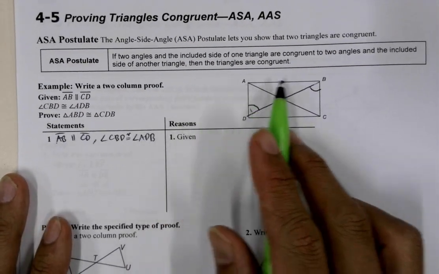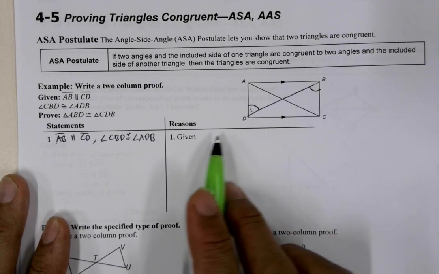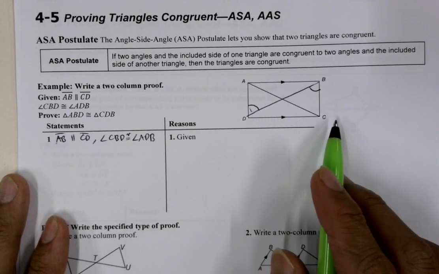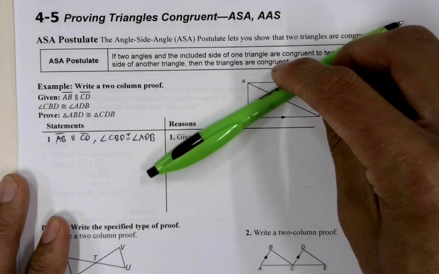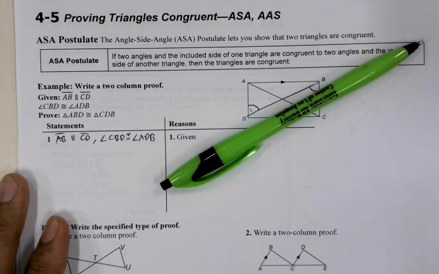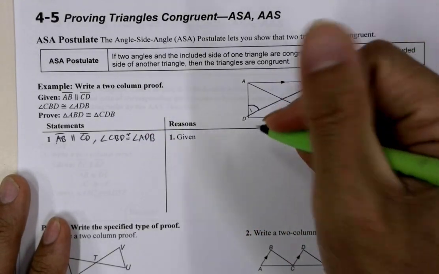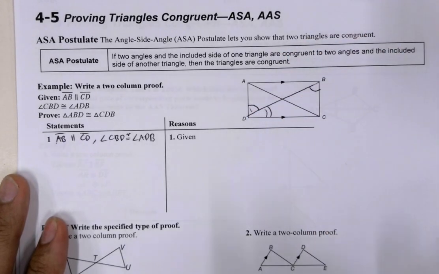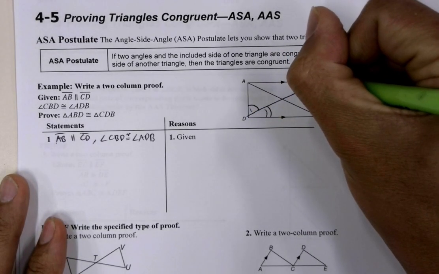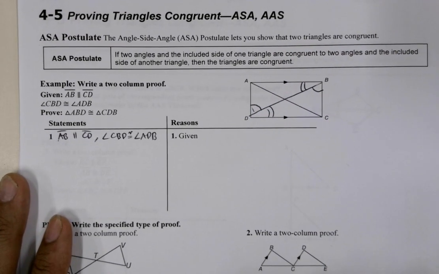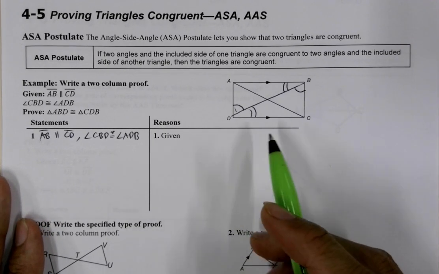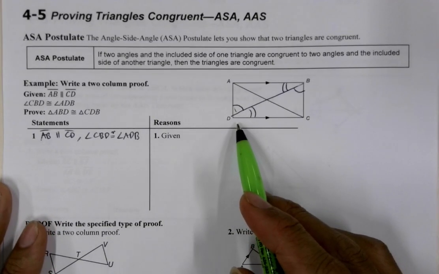From there, we know that these two lines here, line segments, are parallel, and we have this here as our transversal. And so we can say that this angle there is congruent with that angle there, because if you remember, we have alternate interior angles are congruent, right?